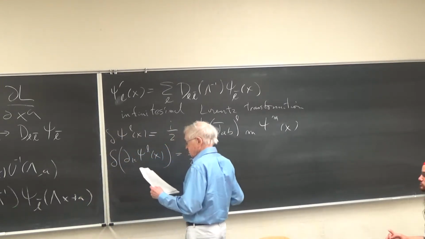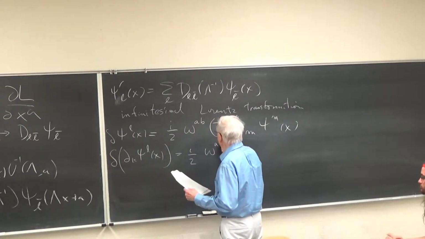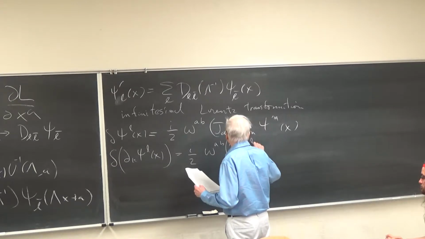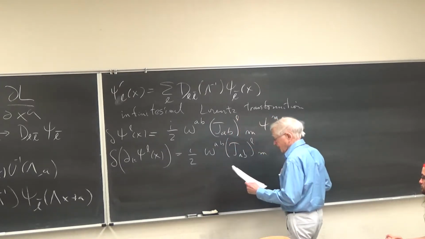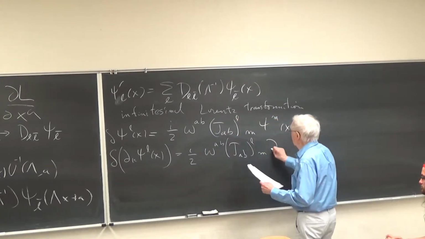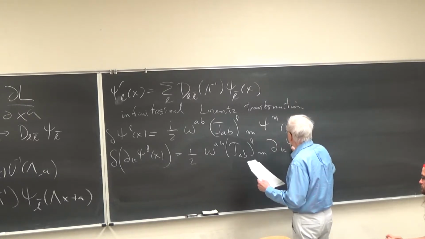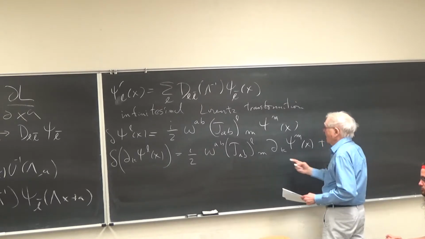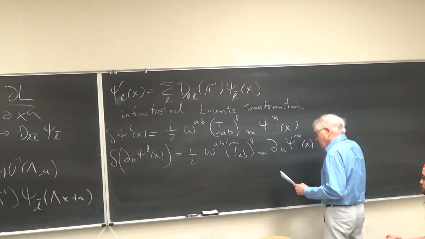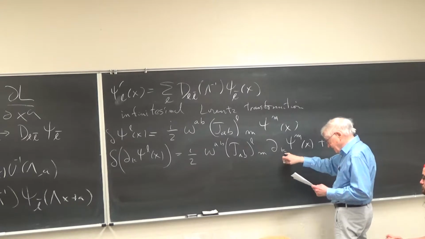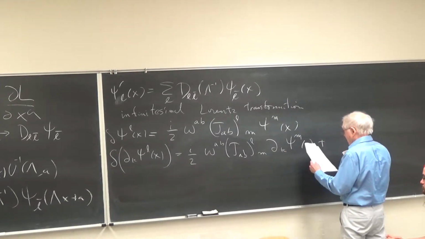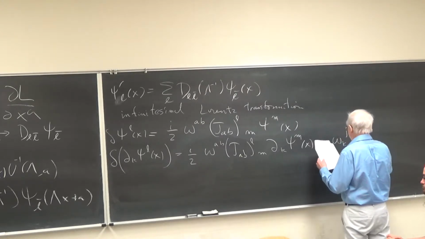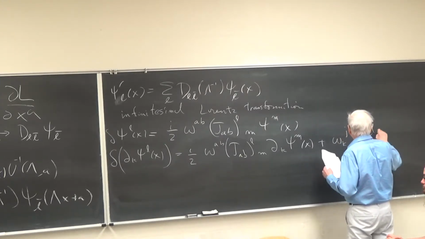And the change in the derivatives is i over 2 omega_AB, J^AB, LM, partial_k psi_M of x, plus a piece that takes into account how the index k will transform, and this is omega_kj partial_j psi_L of x.